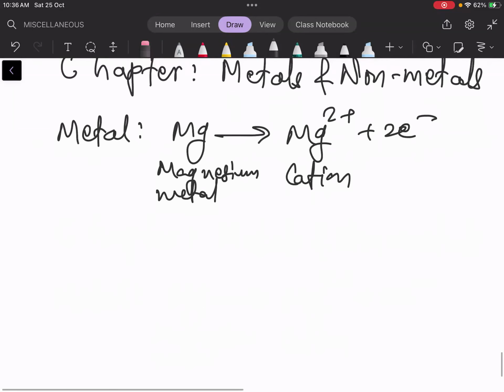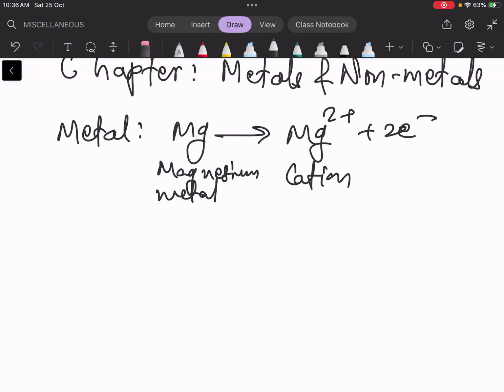So, there are several examples of metals, like sodium, potassium, lithium, rubidium, cesium, francium, etc. Similarly, beryllium, magnesium, calcium, strontium, barium, radium, etc. So all these are what? Metals.